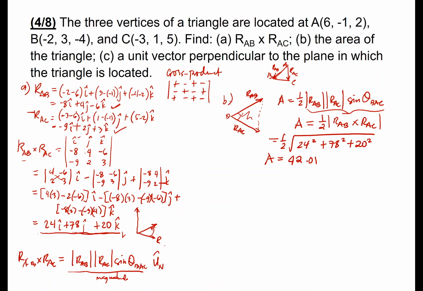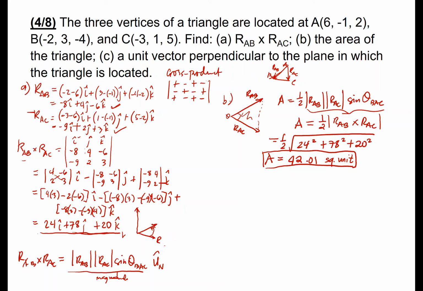The unit is square unit. So very simple for your area. Now take note of the 1/2. Cross product is very important to get area also. Just get the magnitude, that's it, you can get the area.